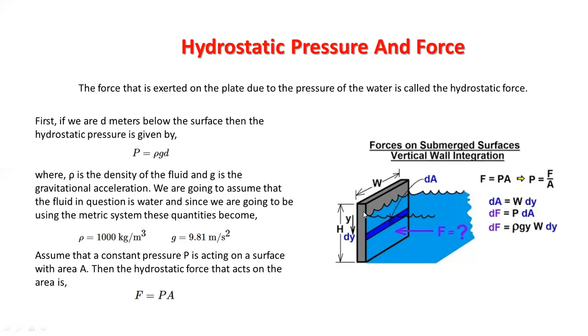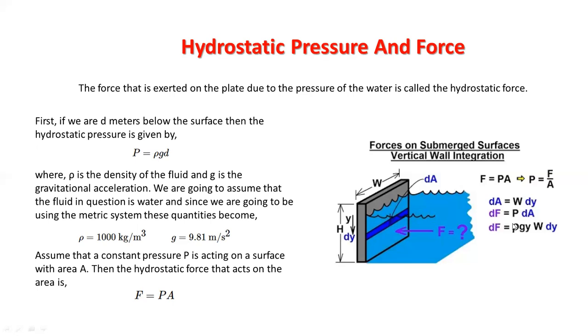We know as we go down, this pressure increases because this D and this Y here are the same. They increase as we go down from the top of the plate to the bottom of the, let's say, the container where this plate is submerged.